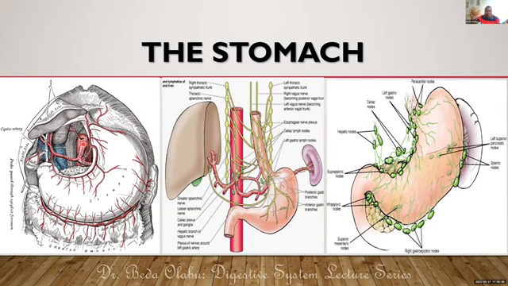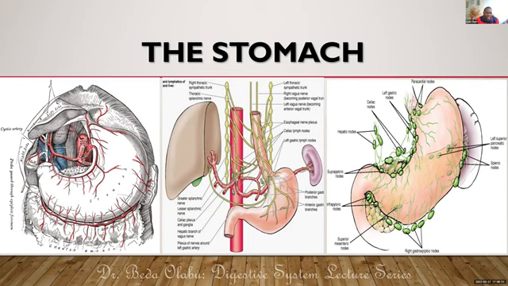Now we talk of 5 major arteries that supply the stomach in different parts. We start with the lesser curvature. The lesser curvature is supplied by 2 arteries. We have the left gastric artery, which is a direct branch of the celiac trunk.